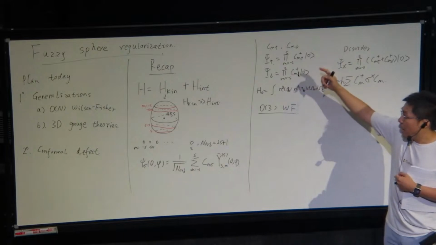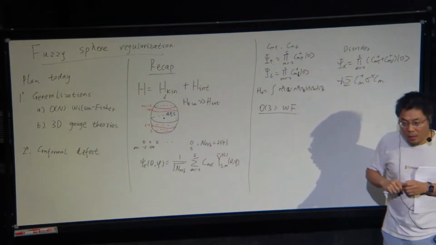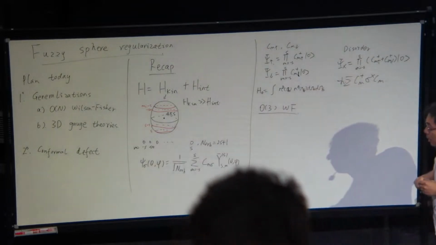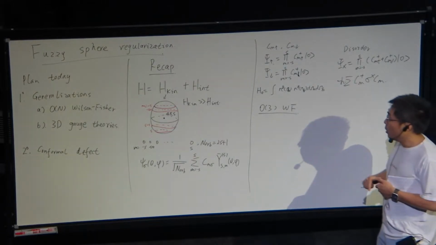But for Ising, if you break the O(3) down to the Ising, then the anomaly is gone. So instead of thinking about those formal anomalies, let's just do some very poor man's way of thinking.